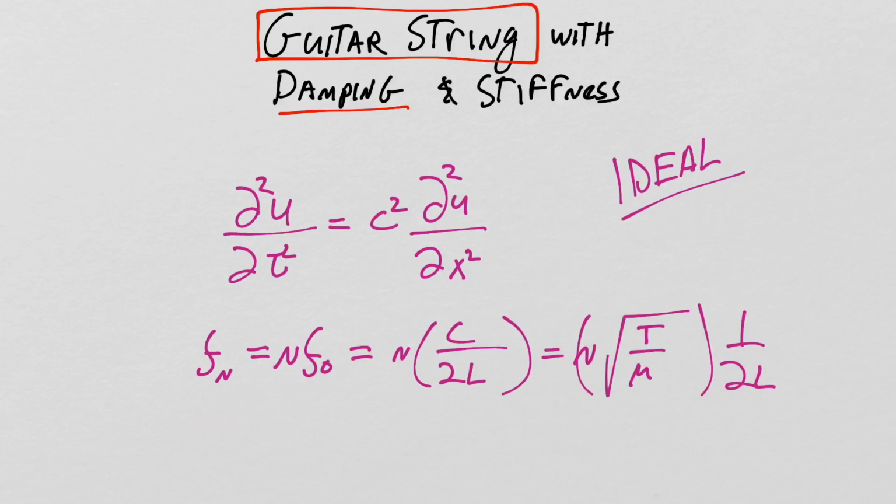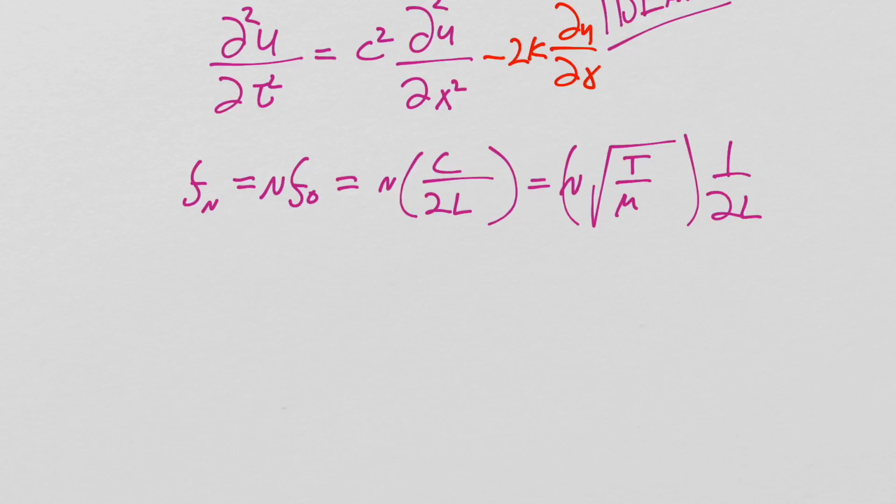Now, what we learned was that if there's damping involved, in the last analysis we ended up adding a term which we expressed this way, minus 2k du dx. And this term led to an overall factor for the dynamics of each mode of e to the minus kt.